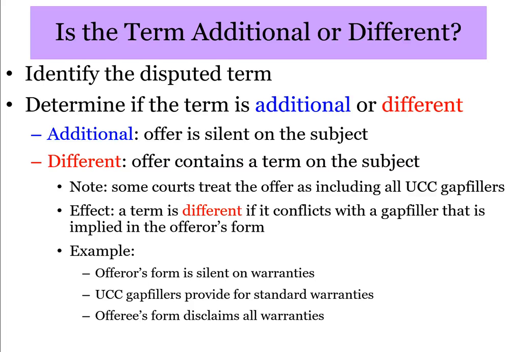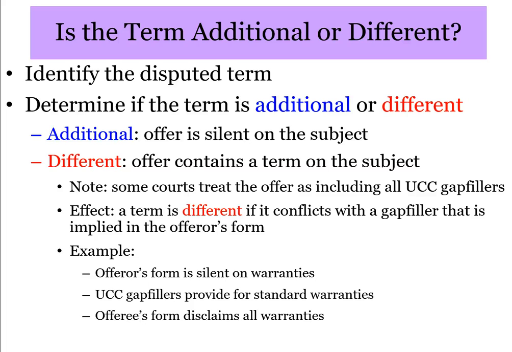Take a moment and look at the wording of 2-207(2). It contains a drafting ambiguity. It specifically addresses additional terms but says nothing about what to do with different terms. The rule itself tells us how to handle additional terms, but the courts have had to figure out on their own what to do with different terms.